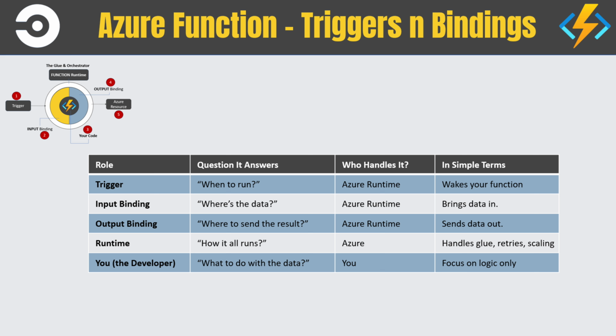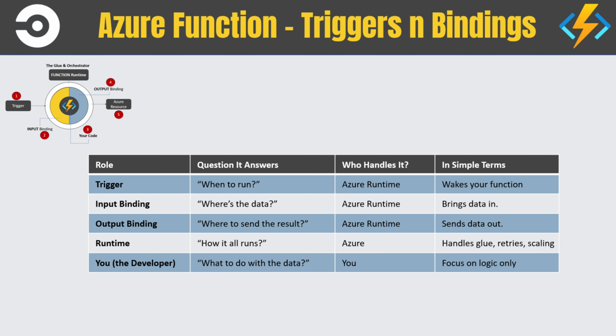The input binding is what binds the data that is coming along with your trigger into your object or into the function, and then you execute your code, you deal with the data, you process the data, you execute your logic, and then you have the output binding which writes the processed output into the destination that you specify.